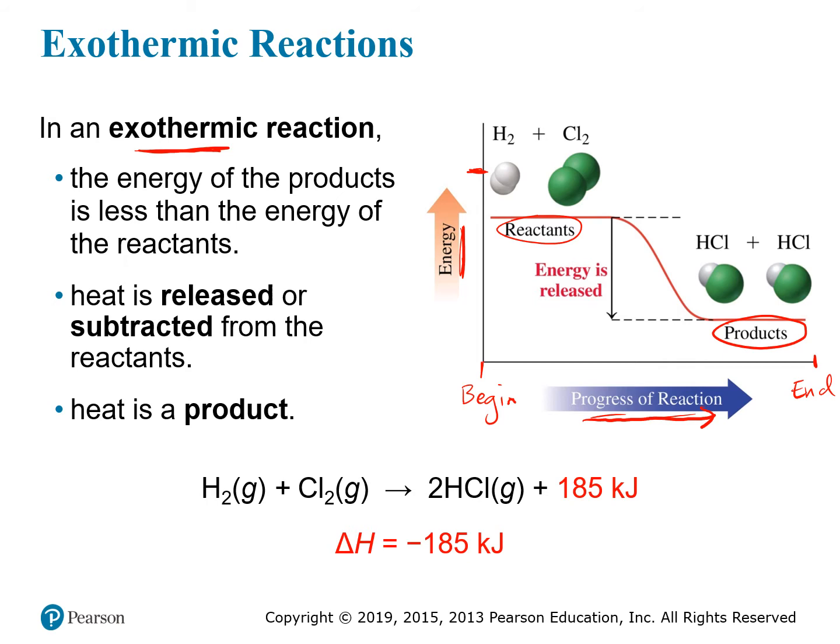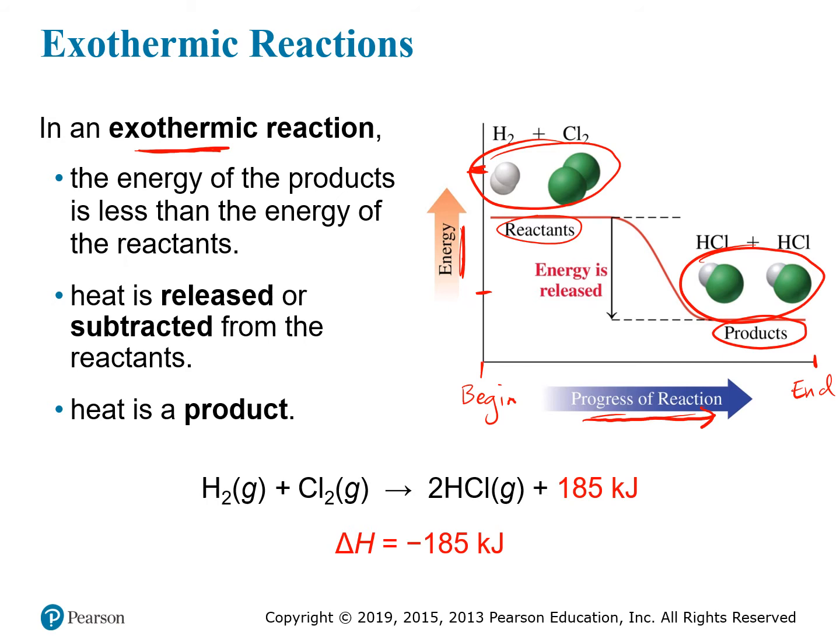So when the energy of the atoms in the products is less than the energy of the reactants, then we have what's called an exothermic reaction. Okay? You start at a high energy and you end at a lower energy. That difference in energy has been released to the environment.